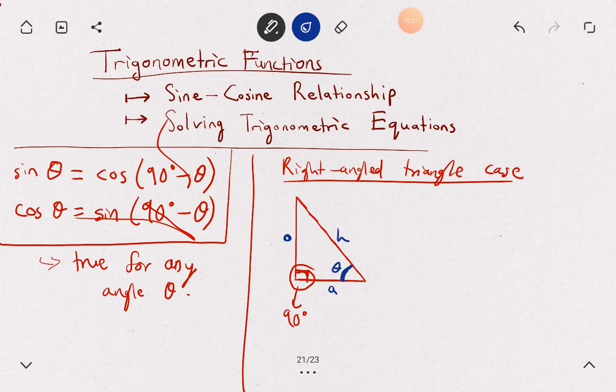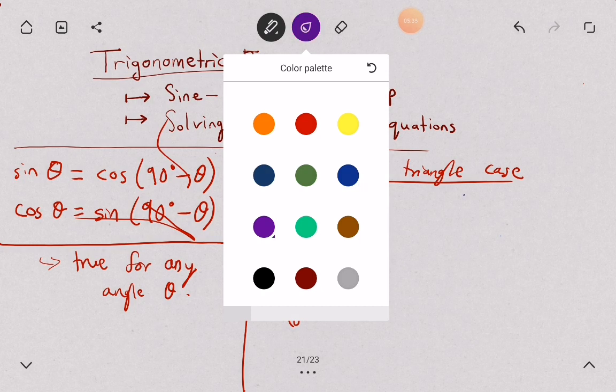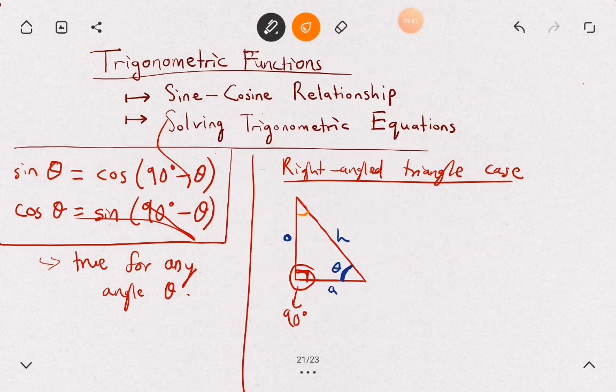There is another angle inside the triangle, and should I use orange. Okay, so there's this angle. And what is the value of this angle? We know that a triangle has a total of 180 degrees.